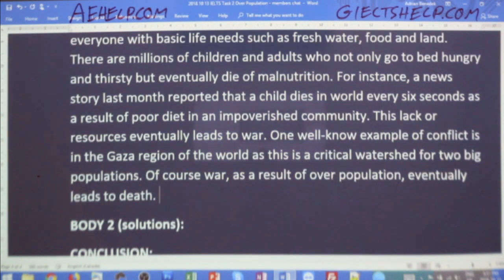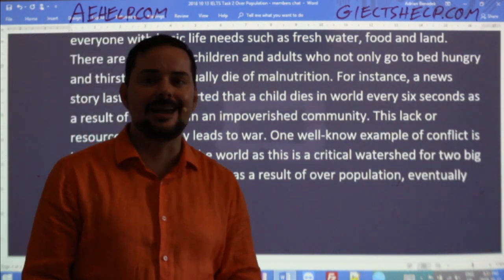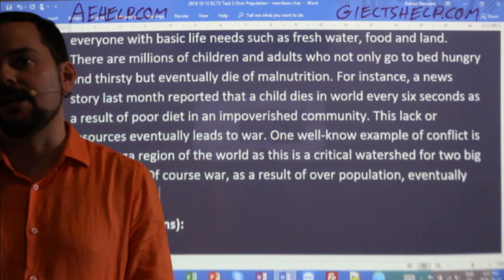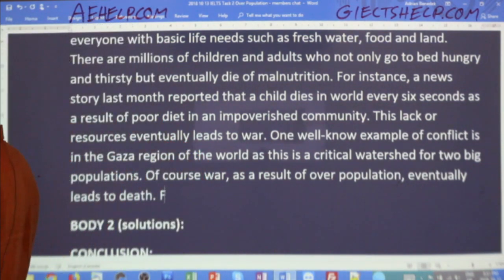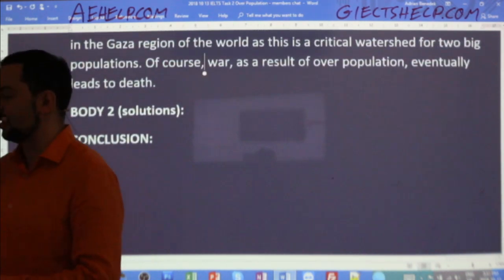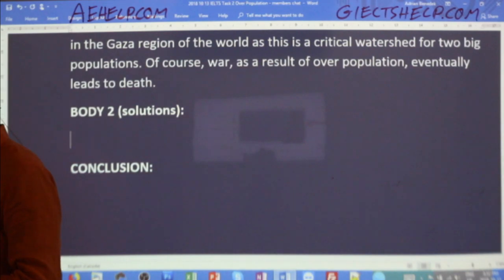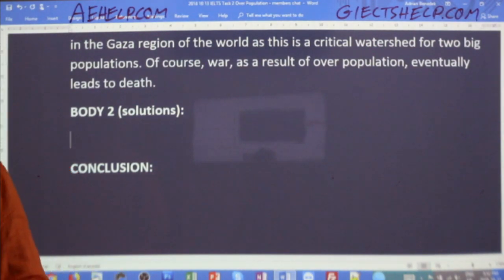And then we go into body paragraph 2, Jeffrey, with: fortunately, there are better solutions to this issue of overpopulation than war and death. Right, sure, okay? So we can use that as a connecting sentence, or we can start our next paragraph with that. So that can be our topic sentence, okay? Because war and death is a type of solution to overpopulation.